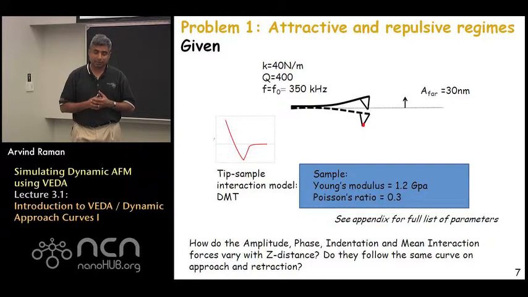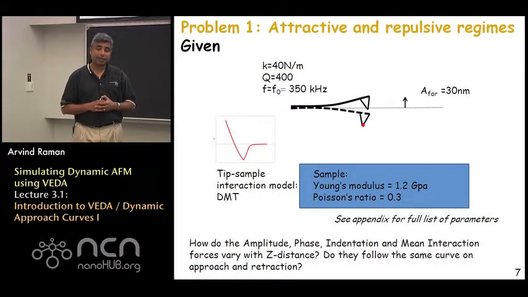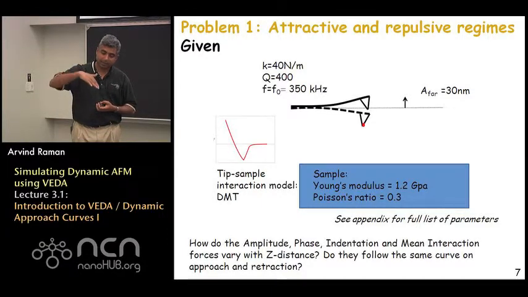Now, in this particular case, this is not a very adhesive sample, so we suggest that you go ahead and choose the DMT interaction model, which is sketched out on the left. You have a generic attractive gradient due to Van der Waals forces, and then you have an elastic repulsion.